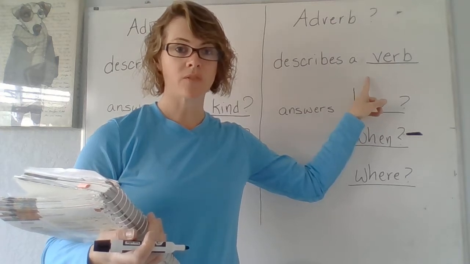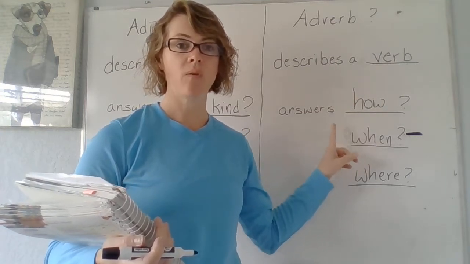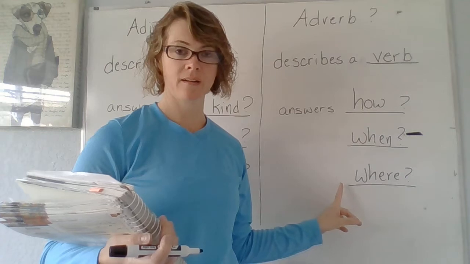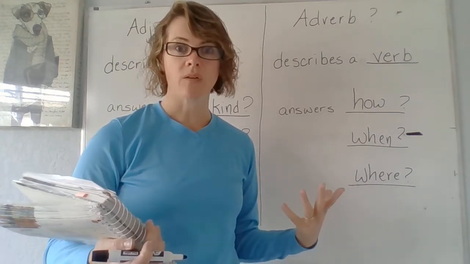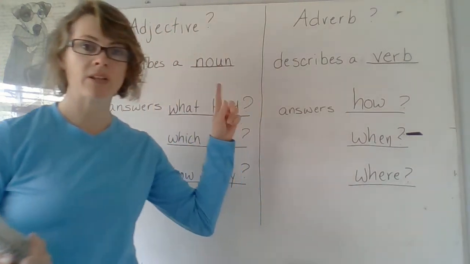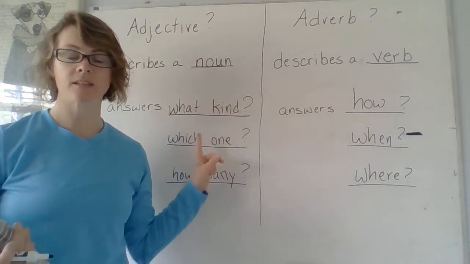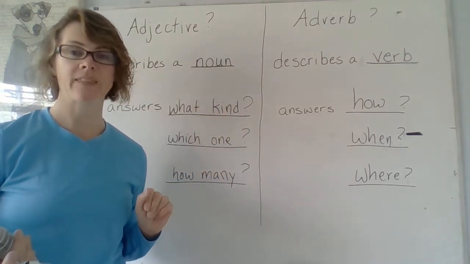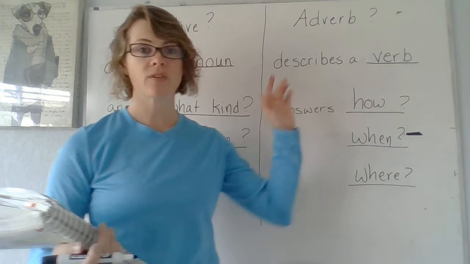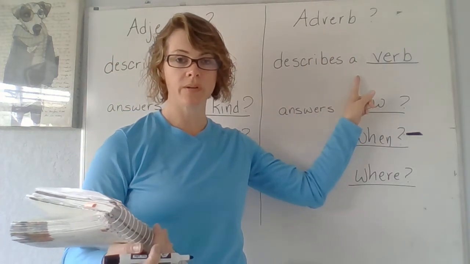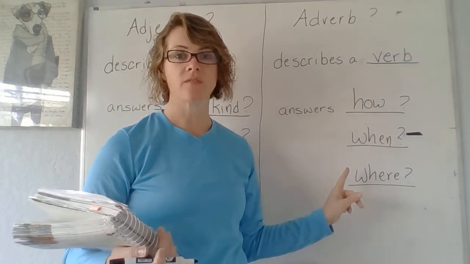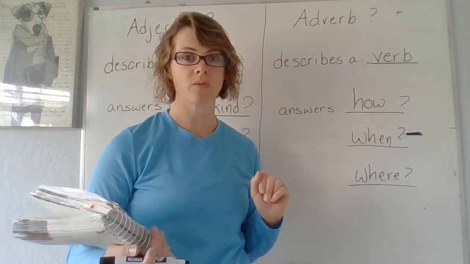Then when you get to the verb, you're going to ask how, when, where. So now you know. If you want to find adjectives, you're going to be looking for a noun first and then asking these questions about the noun. That will point you to the adjective. If you're trying to find an adverb, you're going to go to the verb and ask these questions to find your adverb. It will point you to it.